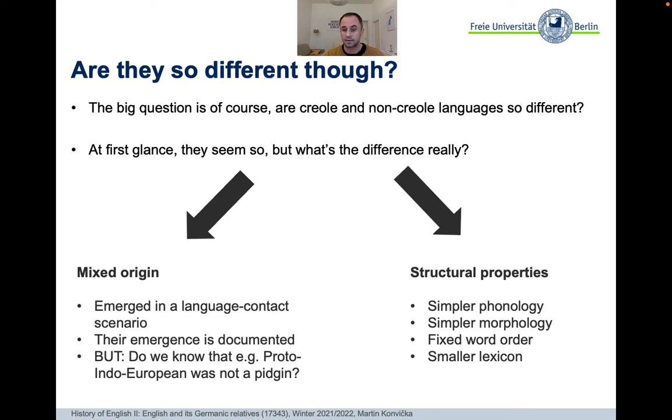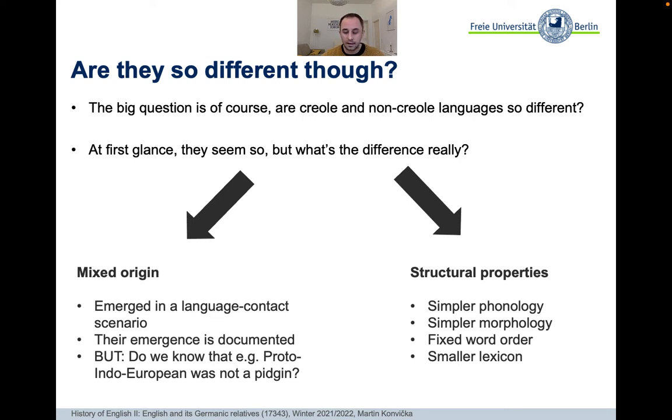Another thing is, for example, the somewhat simpler syntax, meaning that pidgin languages and Creole languages very often have a fixed word order. What's also the case, at least for pidgin languages, is that they have a smaller lexicon, which, as I already said, is logical based on the situation in which these languages evolve.